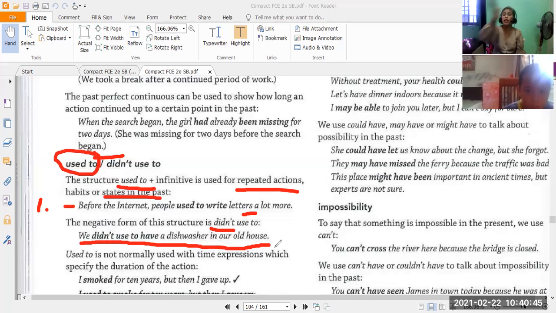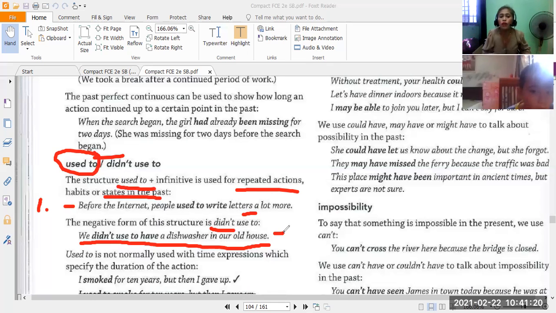It means when we were living there, it's past continuous tense. Very good, you remember. We didn't used to have a dishwasher in our old house. That's before.